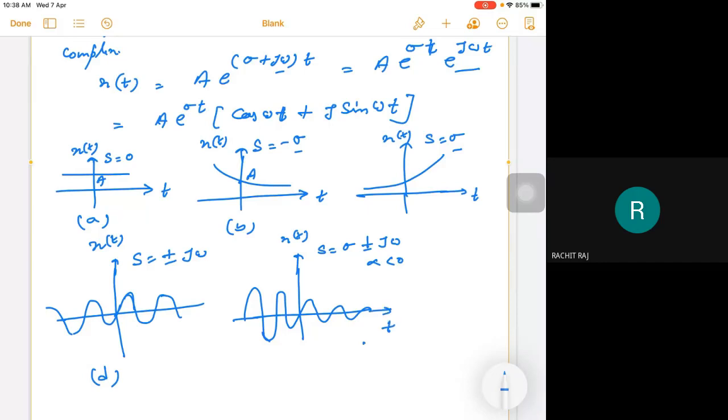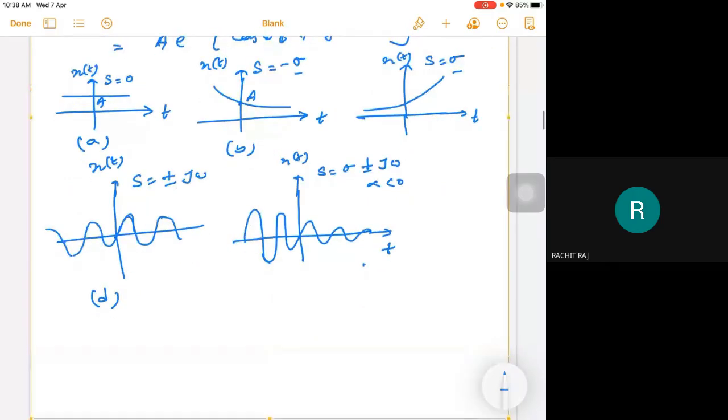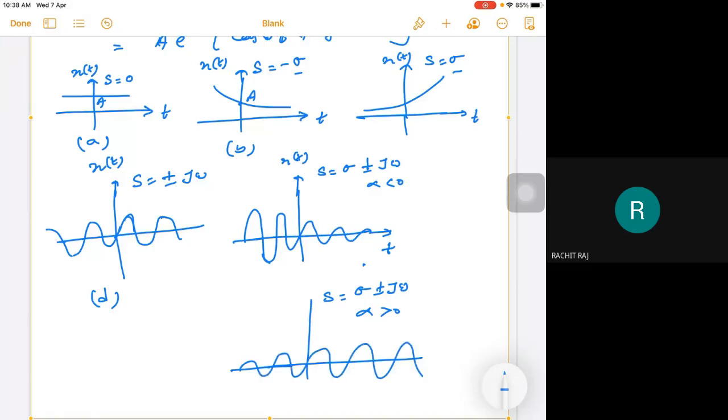And the opposite case is the third one, s equal to sigma plus minus j omega, but alpha is greater than 0. So you will get the sinusoidal in increasing order.